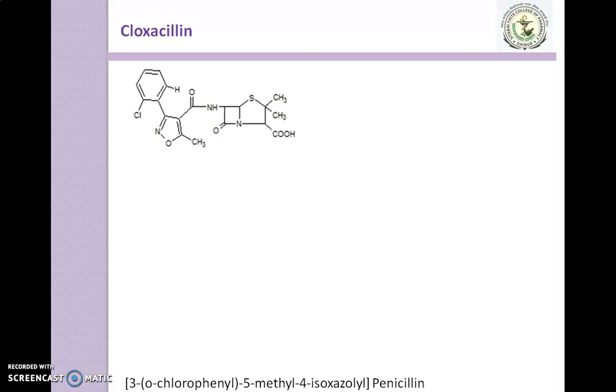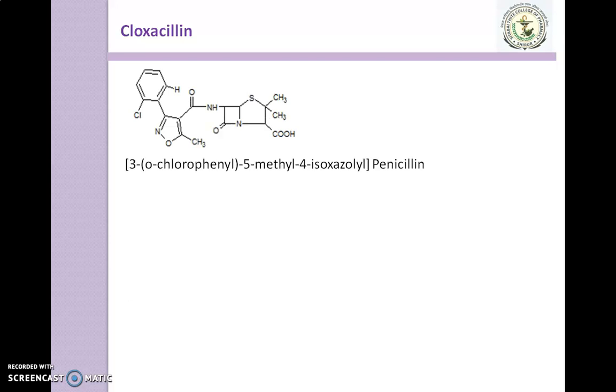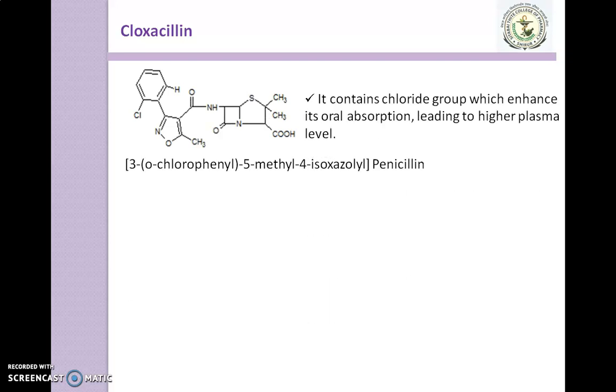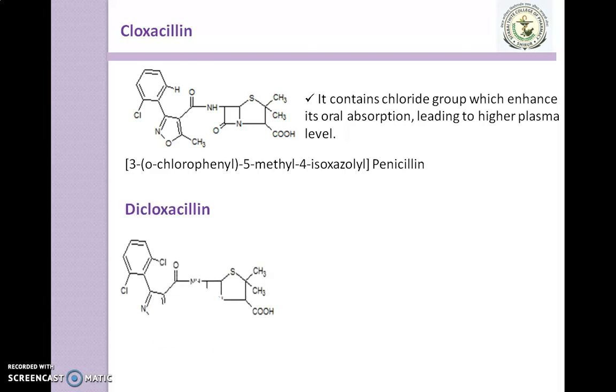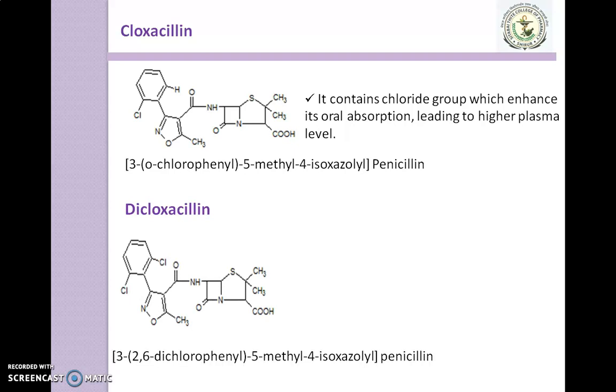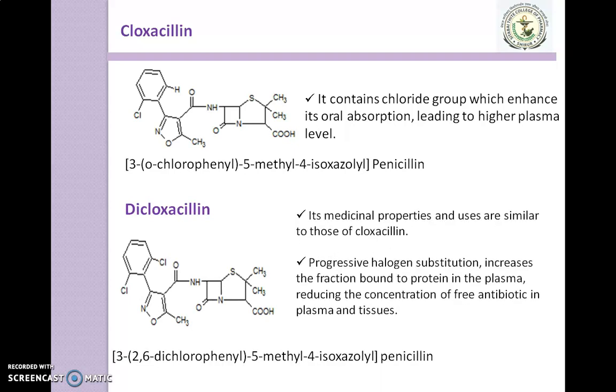Next is cloxacillin and its structure with IUPAC nomenclature. Cloxacillin contains a chloride group which enhances its oral absorption, leading to higher plasma levels, whereas dicloxacillin, the structure of dicloxacillin with IUPAC nomenclature, has the same medicinal properties as cloxacillin.